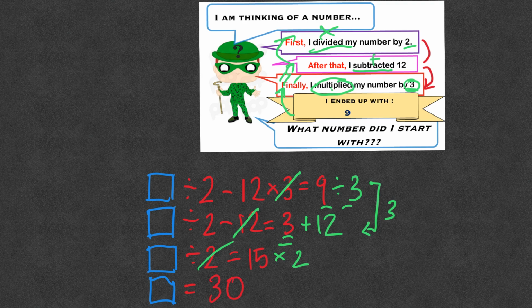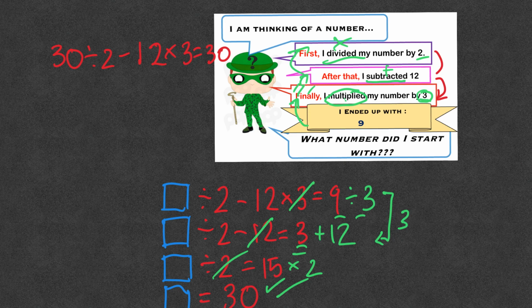And if you got that answer, that is fantastic. Please see if 30 divided by 2, take away 12, times 3 equals 9. If you got that answer yesterday, well done.